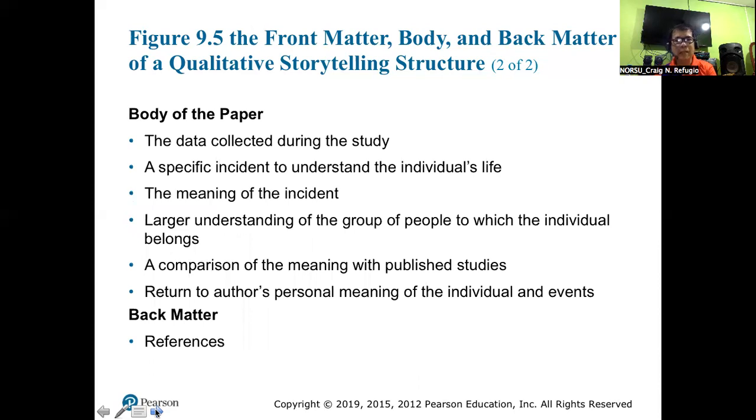In terms of the body of the paper, a continuation of figure 9.5: the data collected during the study, a specific incident to understand the individual's life, the meaning of the incident, larger understanding of the group of people to which the individual belongs, a comparison of the meaning to published studies, and return to the author's personal meaning of the individual and events. The back matter is composed of references.